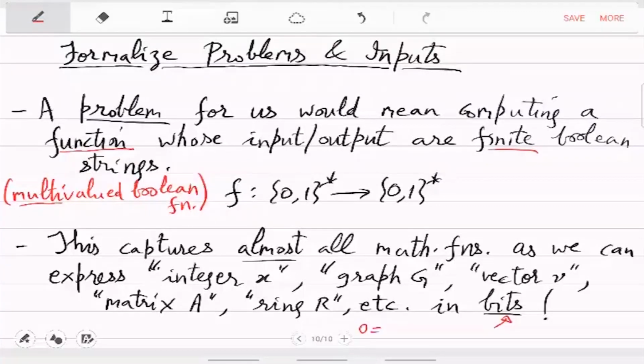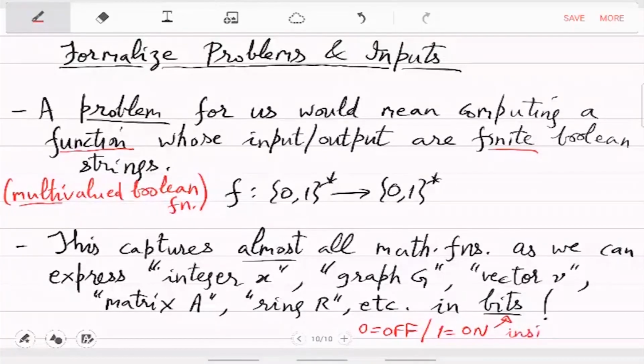Okay, so this makes sense. Why do we focus on bits? Well, because 0 1 is kind of off and on in electronic circuits inside computers.